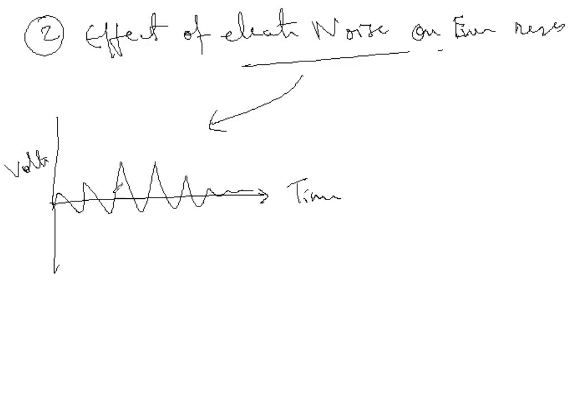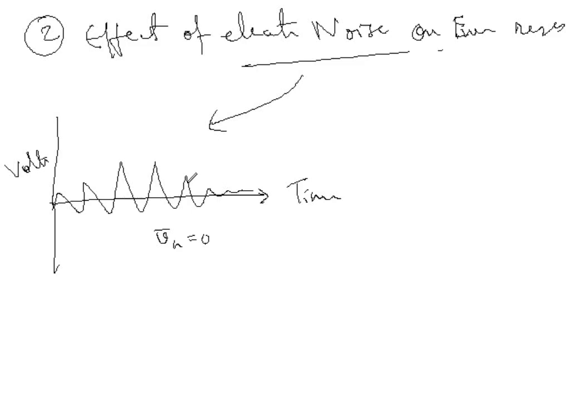So electronic noise consists of a small voltage variation around the zero line with average value Vn not equal to 0. Okay, average is not equal to 0.